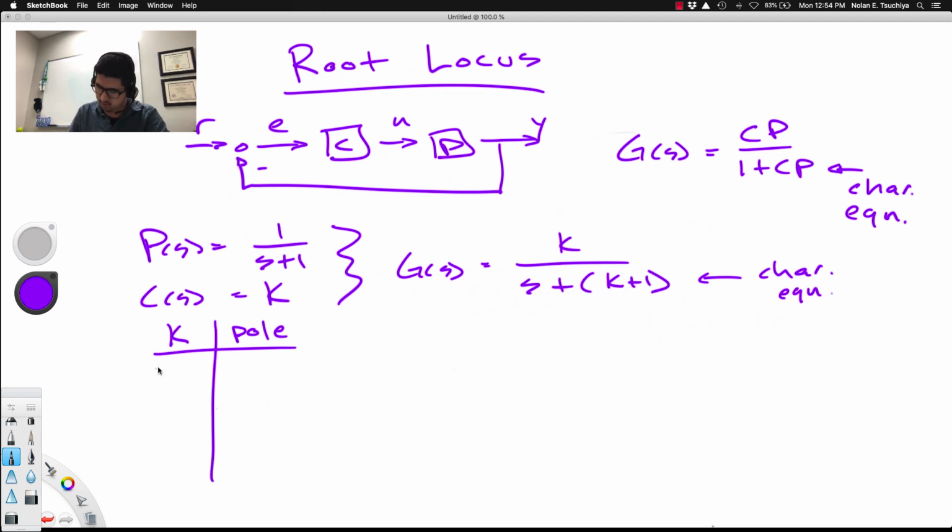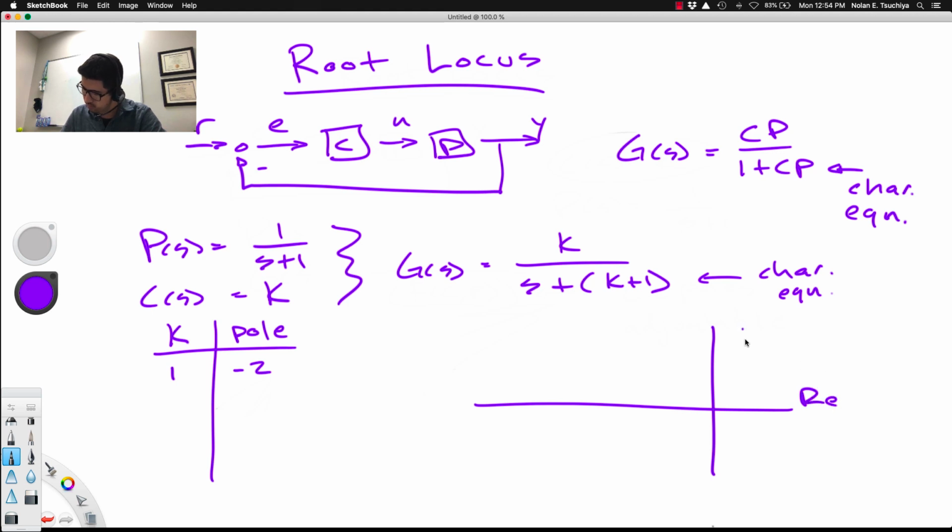Now, if we imagine k equals 1, you set up the equation s plus 2 equals 0, then you've got a pole at s equals negative 2, which on the s plane is going to be right about here at negative 2. So you've got a pole right on the real axis for a value of k equals 1.